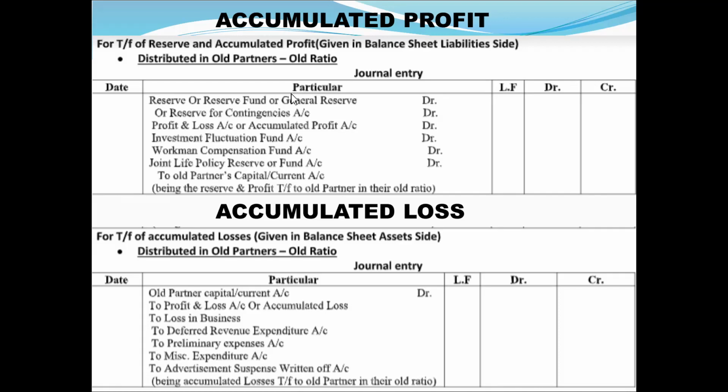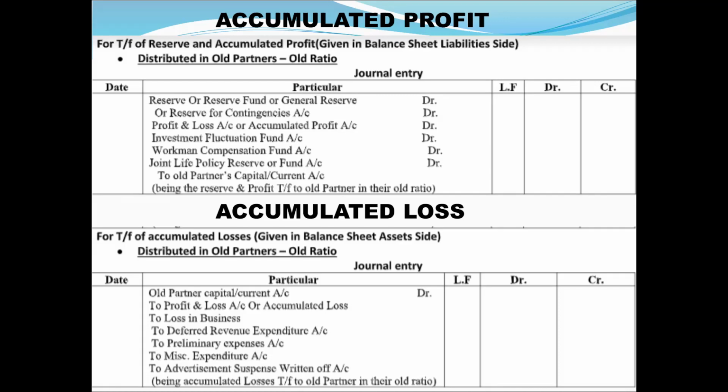So these steps are done before the new partner enters. All these reserves, accumulated profit, investment fluctuation fund, workman compensation fund, joint life policy reserve are credited to the old partners' capital accounts.